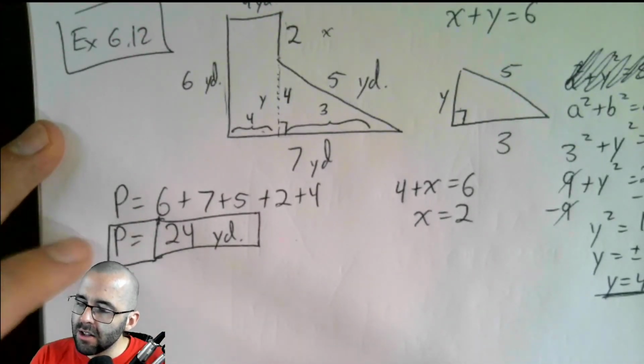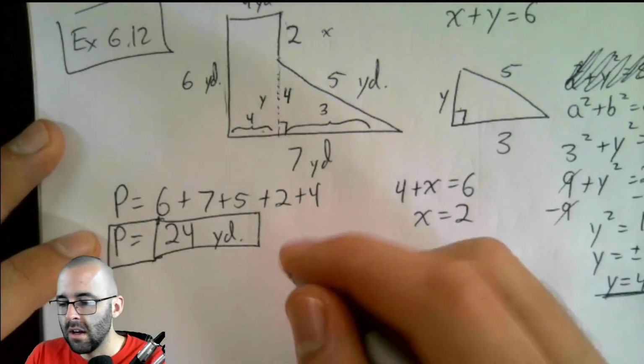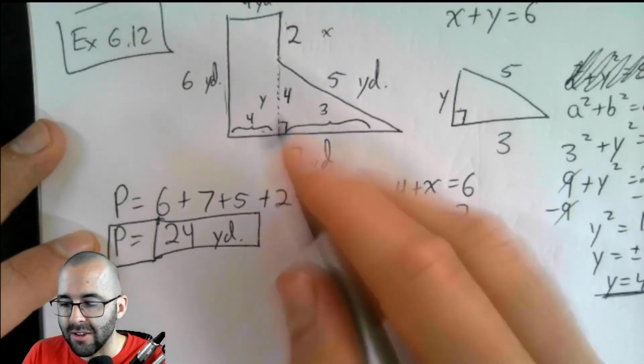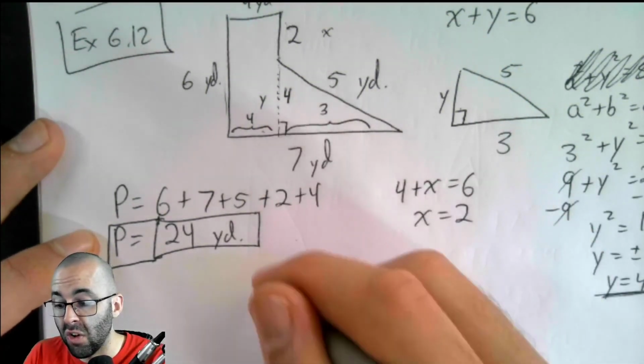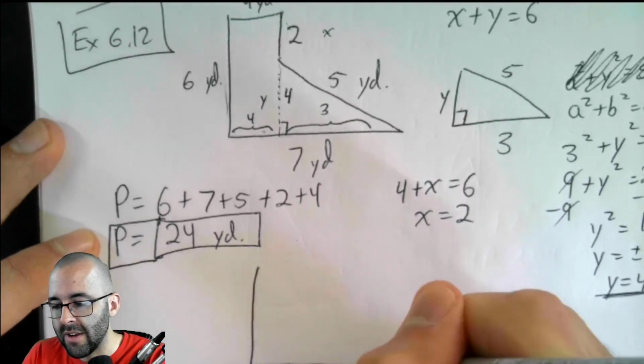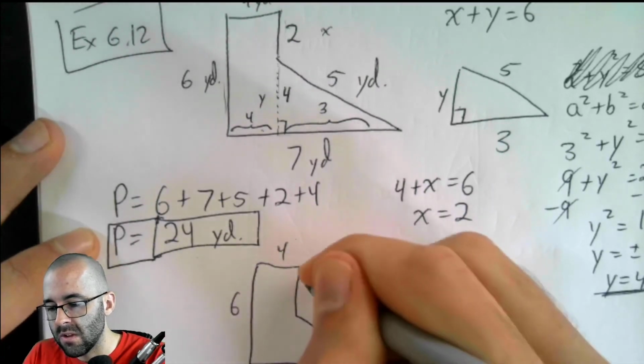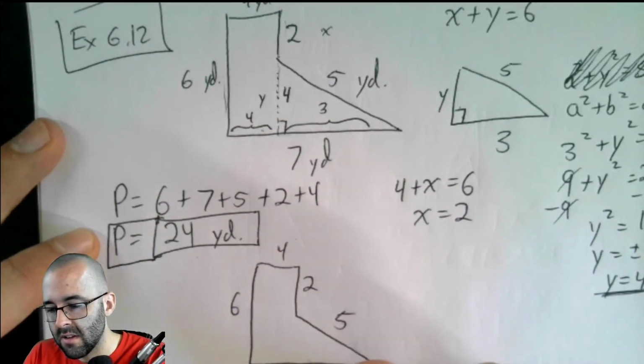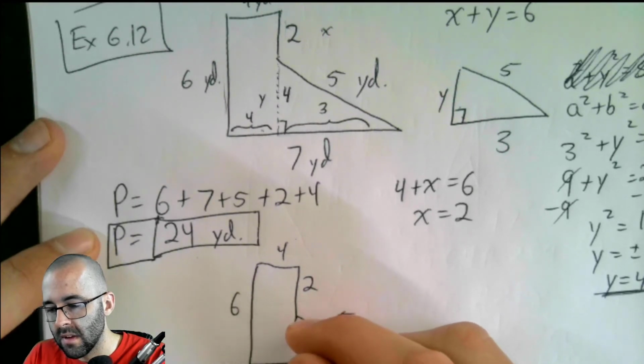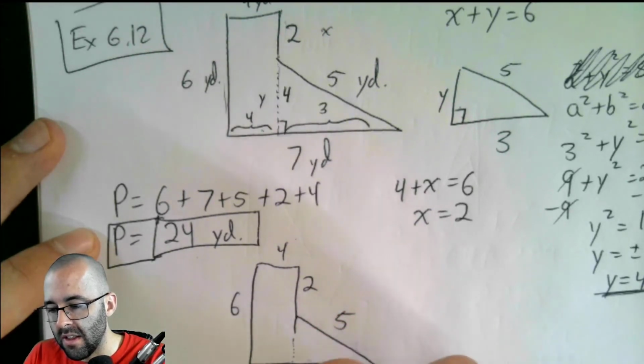The area is going to take a little bit more work, right? This diagram's getting a little full. I'm going to copy this again. 4, 6, 2, 5. And then this part is 4. This part is 3.